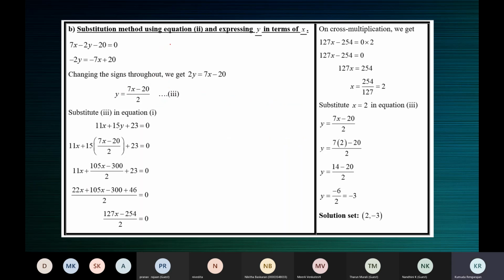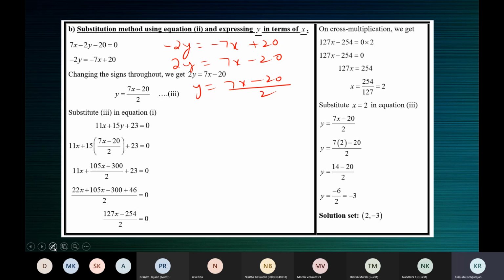Okay, so take up the second equation, children. Don't read the slide, please follow this. Minus 2y is equal to minus 7x plus 20. This is what is given to us. Now you need to get the result as y is equal to something. So I've changed the signs throughout, and you get 2y is equal to 7x minus 20. Let me do it again.